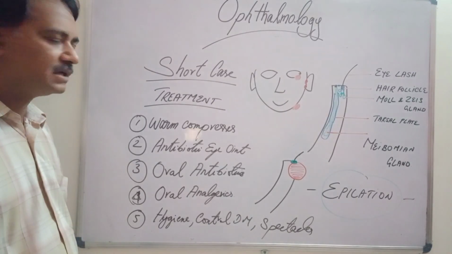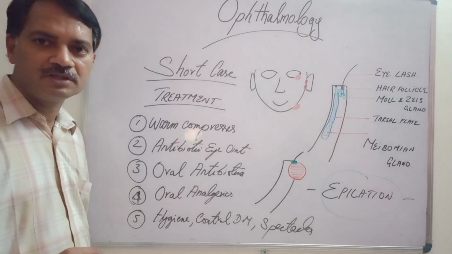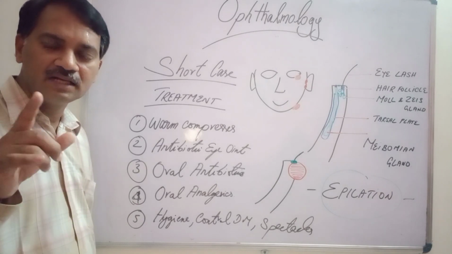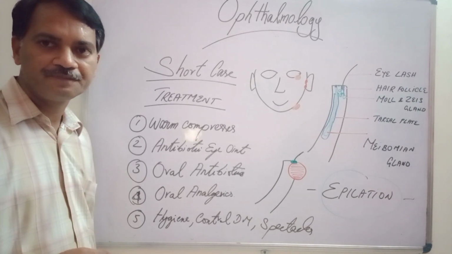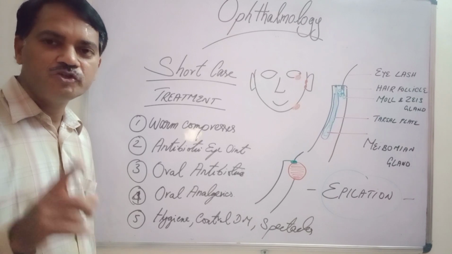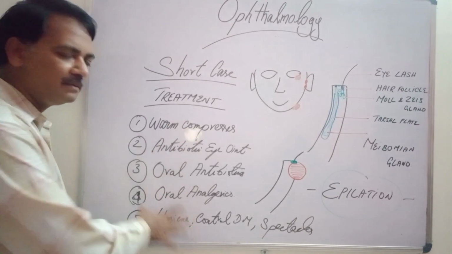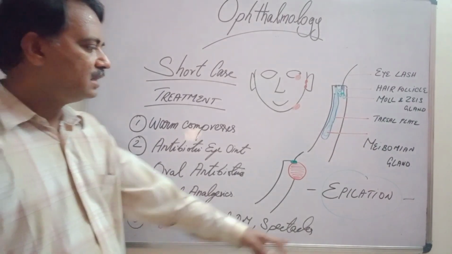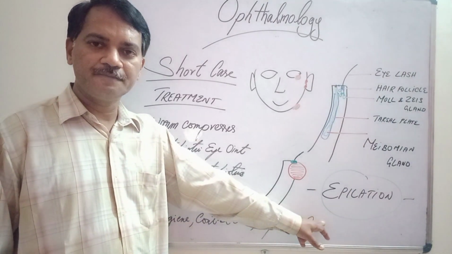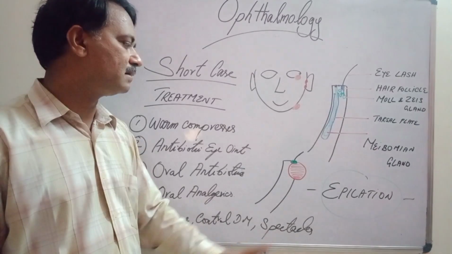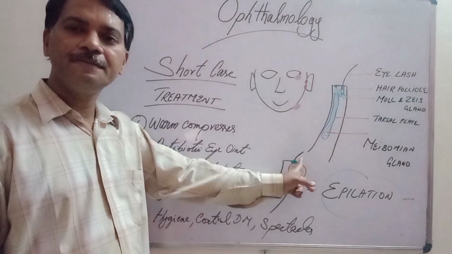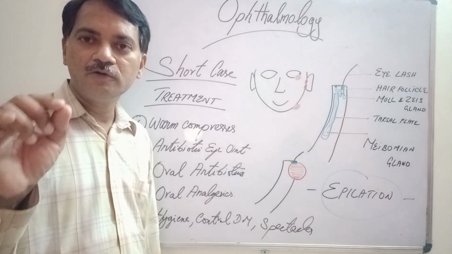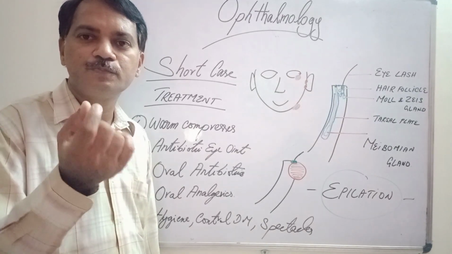Now you can ask, is there only medical management for this case? Definitely not. We have a surgical treatment also, but it should be done along with this medical management. What is the surgical management? That is called epilation. Epilation is nothing but plucking the eyelash in that particular gland where the pus is pointing.